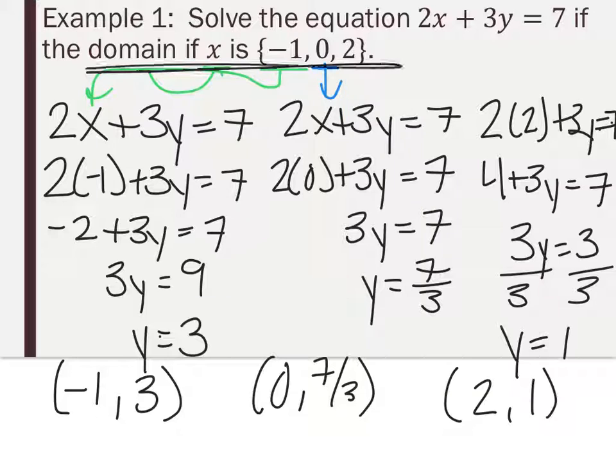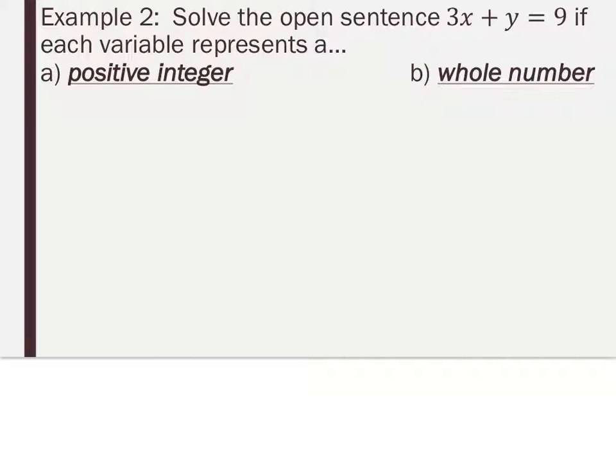This problem gave you a domain, but your homework's going to look like this. You have to solve the open sentence, so it's always going to be something like this. If each variable represents a positive integer, and b, a whole number. So I need to talk about the difference between a positive integer and a whole number.